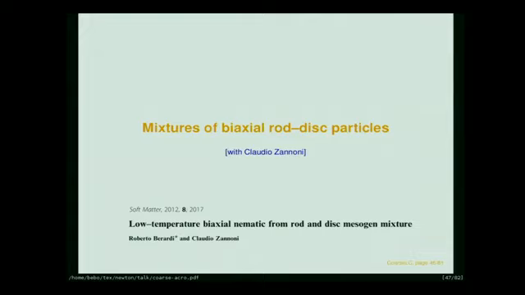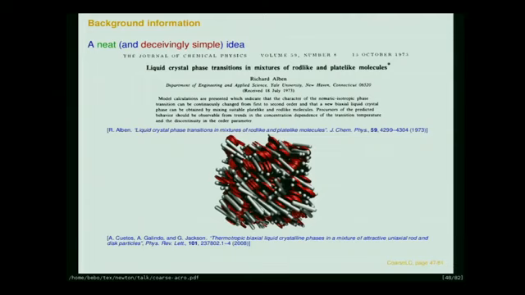So I would like now just to spend a few minutes talking about another kind of biaxial systems. In this case, a mixture. And the idea started many years ago, and Richard Alben suggested that a way of having a biaxial nematic phase could have been that of mixing rods and disks.